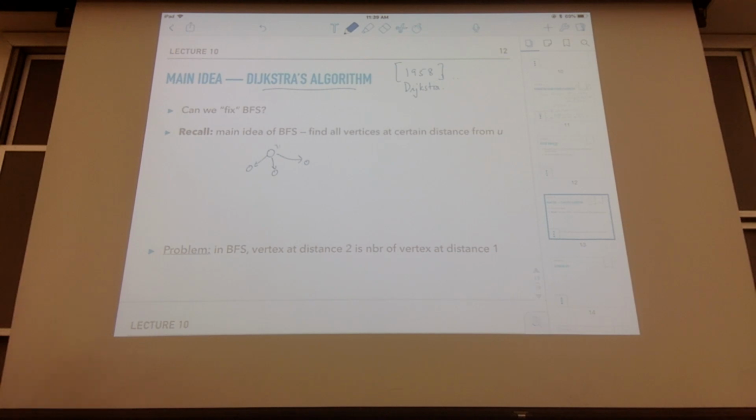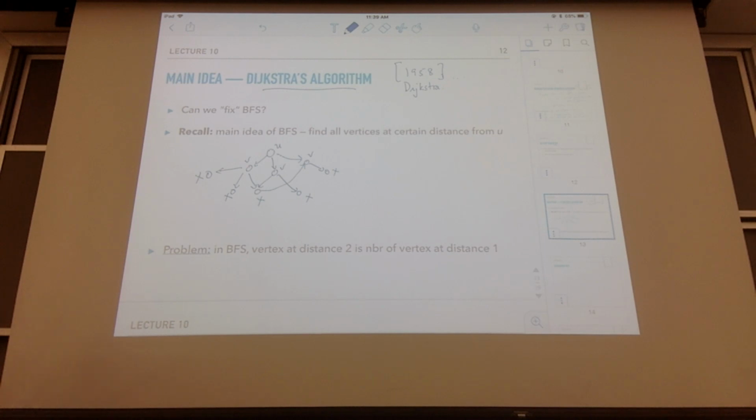If this is U, it would first find the ones directly connected to U, then it would find these guys. So you always find vertices in order of least number of hops.